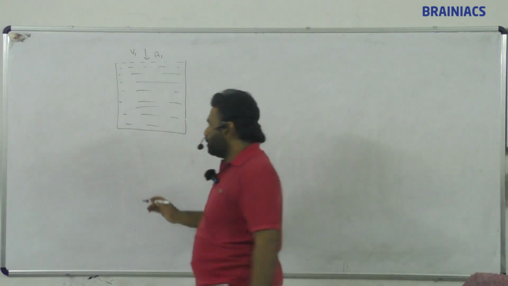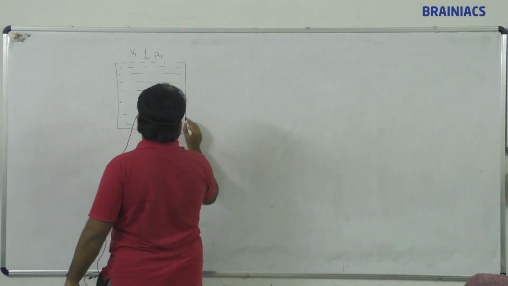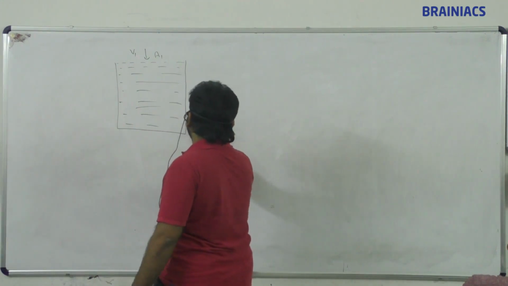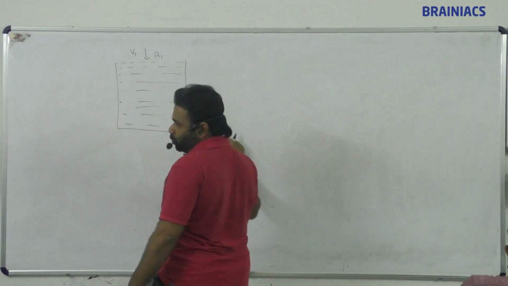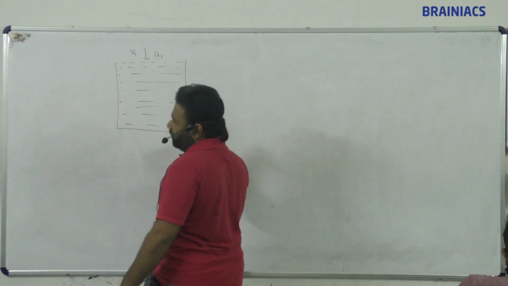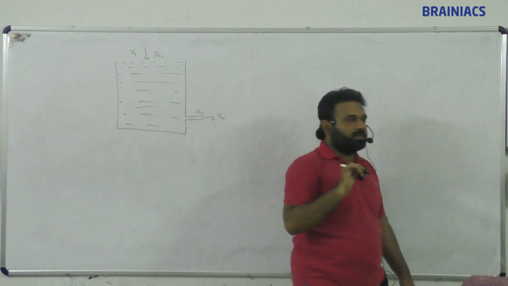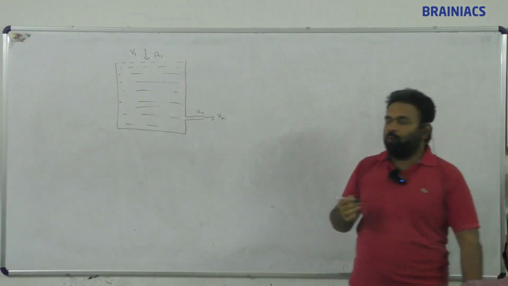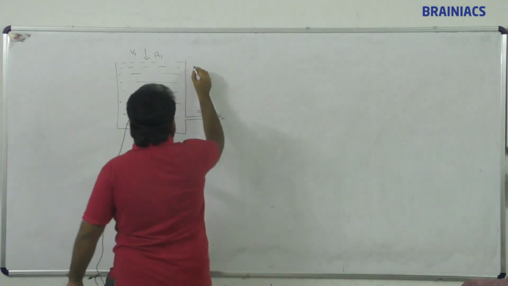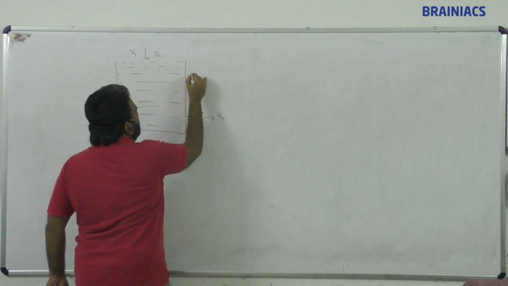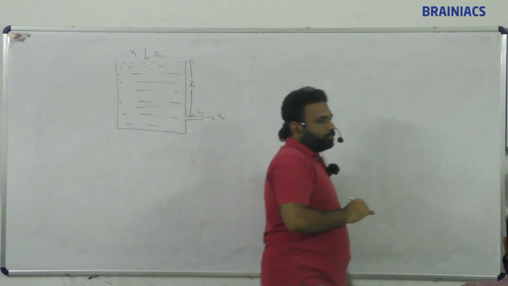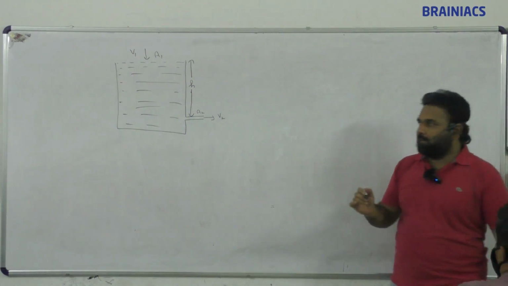Say for example, here suppose we have a passage and its area is A2, and fluid is coming with velocity V2. Then with what velocity is it going to come, this is what we are going to see. Suppose this height is considered as h.